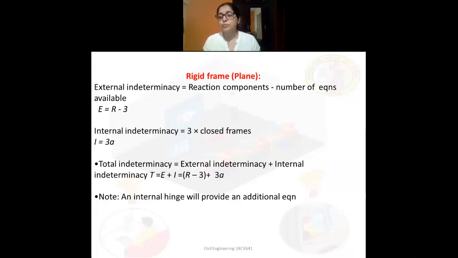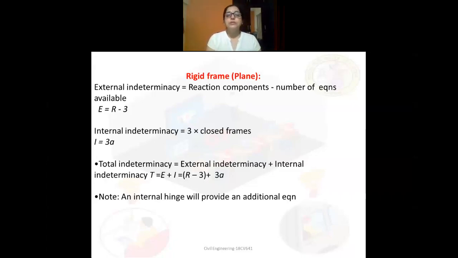We have to see whether the frame is closed or open. Internal indeterminacy is 3 into the number of closed frames, so if I write closed frames as A, I is equal to 3A. What is I? I is internal indeterminacy.